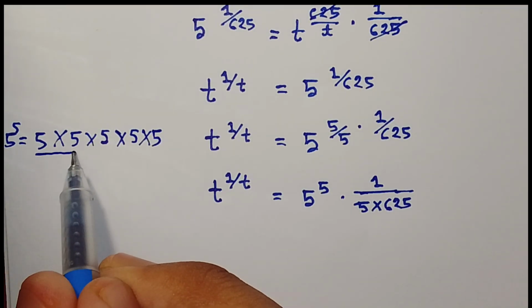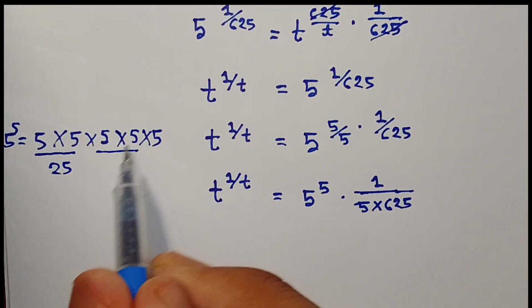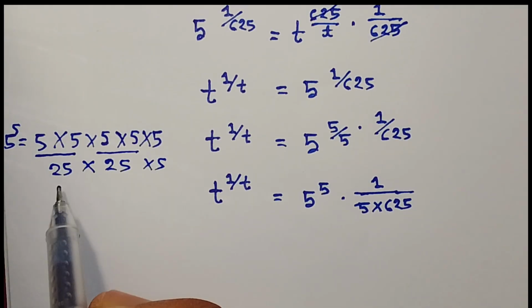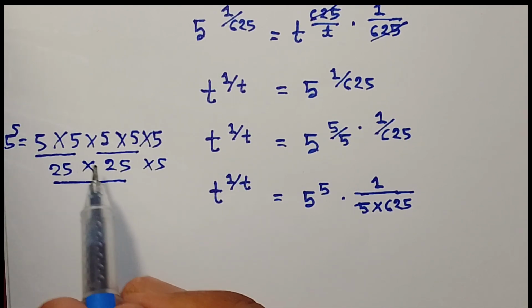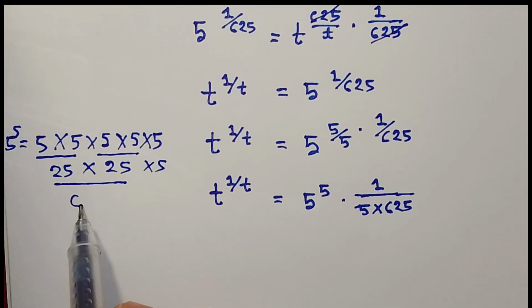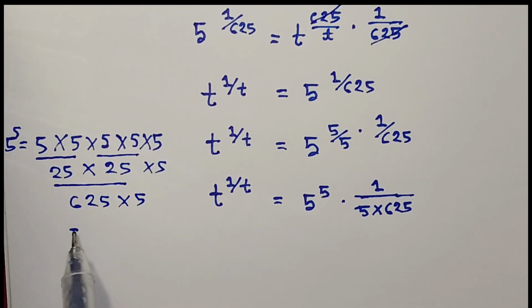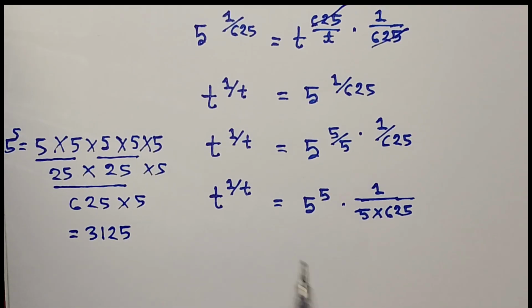This 5 times 5 equals 25, this 5 times 5 equals 25, and this 5 equals 5. Now 25 times 25 equals 625, times 5 equals 3125.